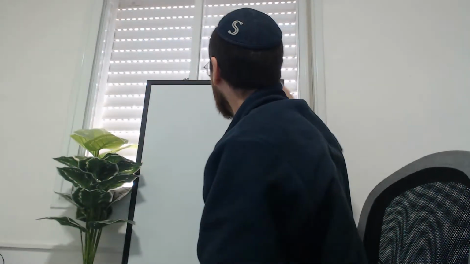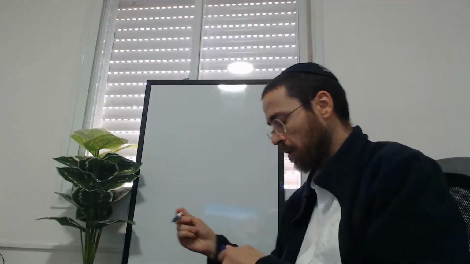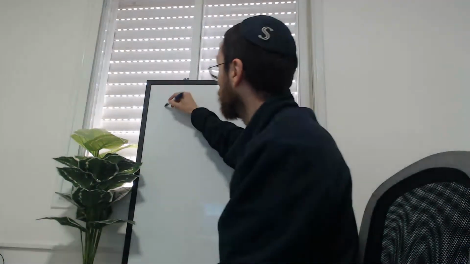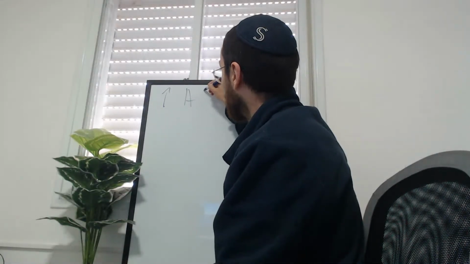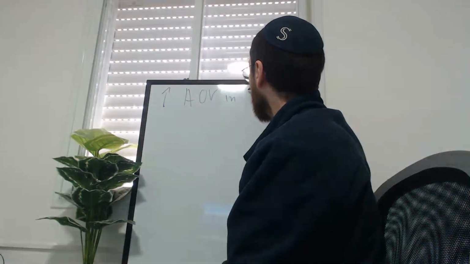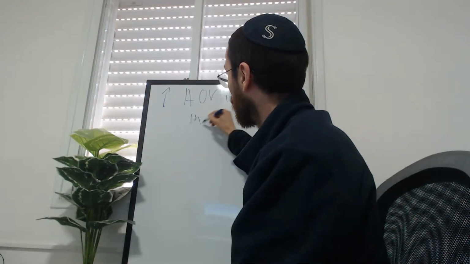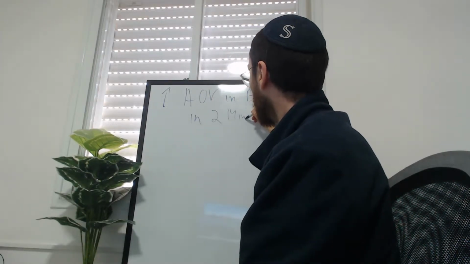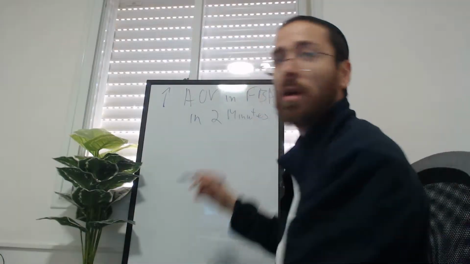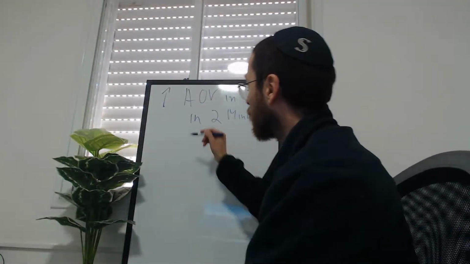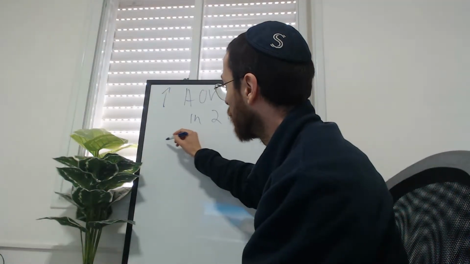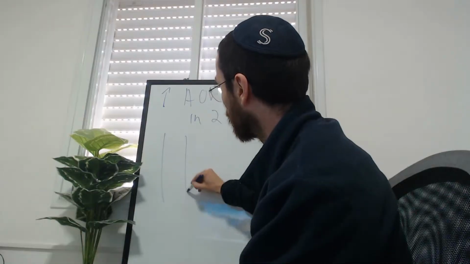Okay, this is the YouTube short on how to increase average order value in FBA in 2 minutes.